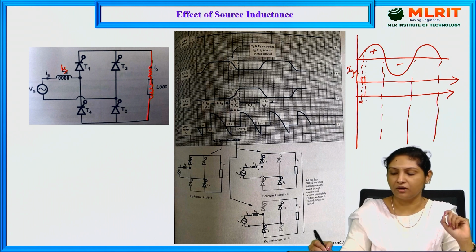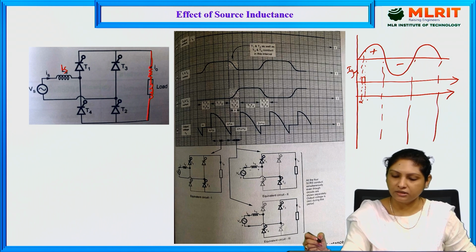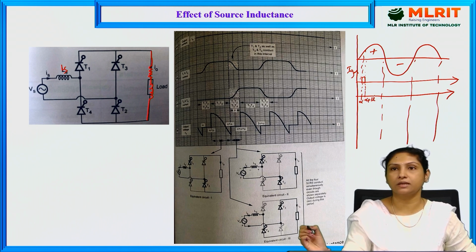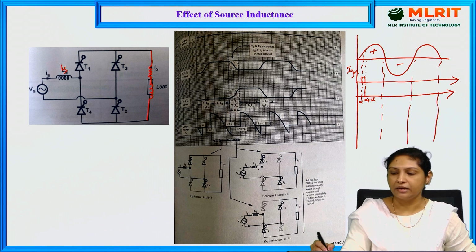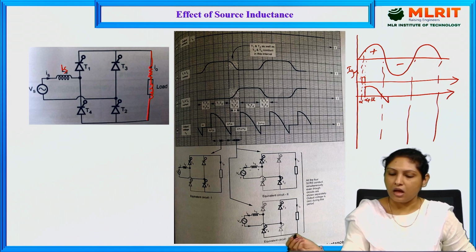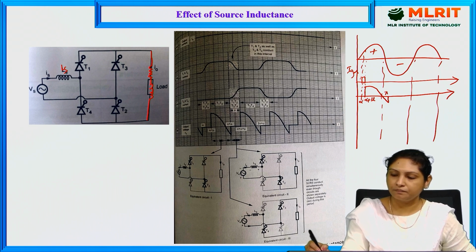This is alpha, and at this particular instant called alpha plus mu, our thyristor is getting triggered, and because of which, from alpha plus mu, the thyristor started conducting, and it is conducting till pi plus alpha.